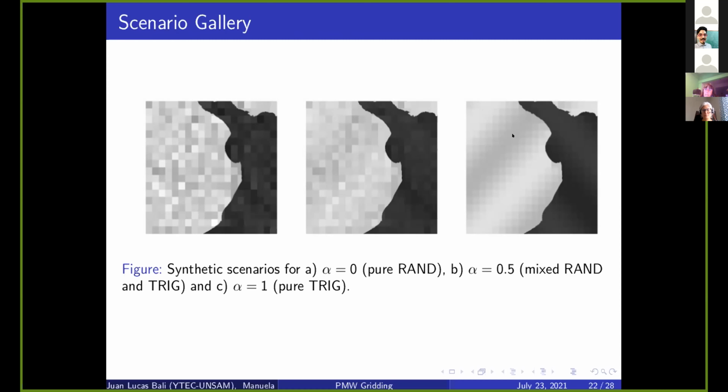This corresponds to alpha equals 1. This totally random one corresponds to alpha equals 0. And this is a compromise, alpha equals 1/2, which is a convex combination, depending on alpha, between the purely random and the purely trigonometric scenario.